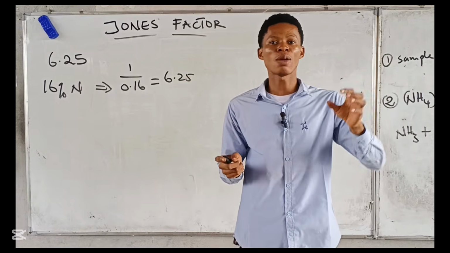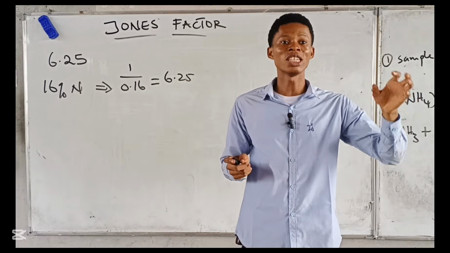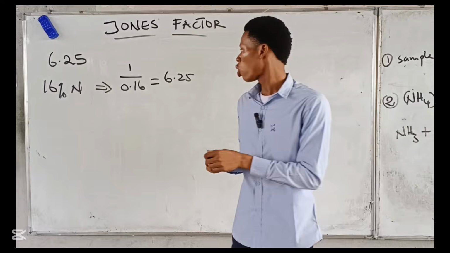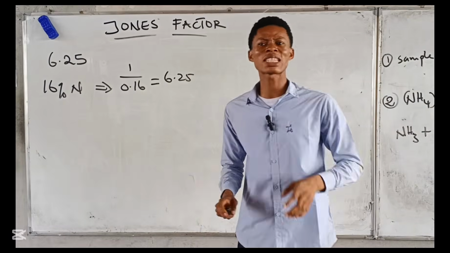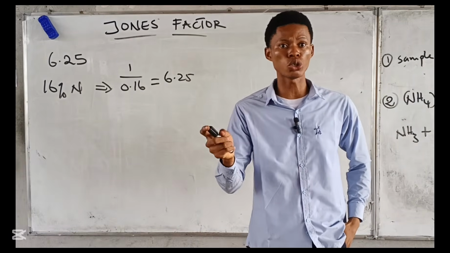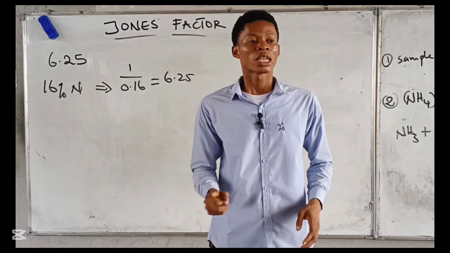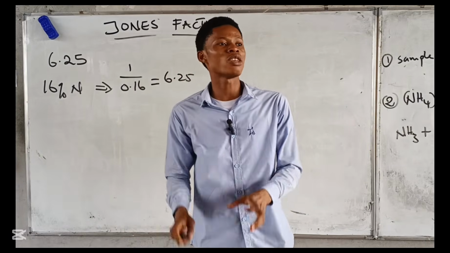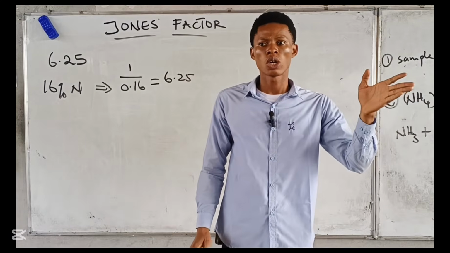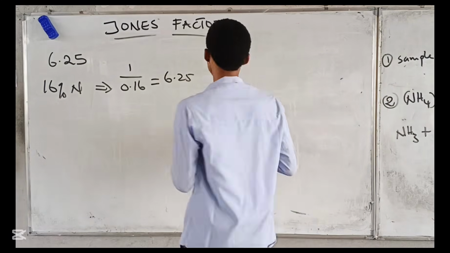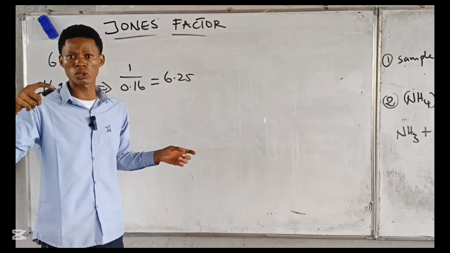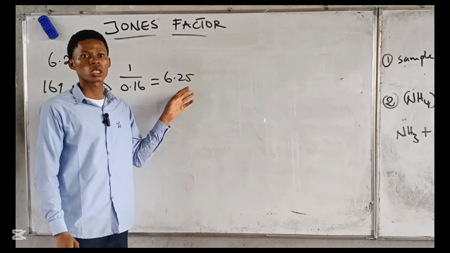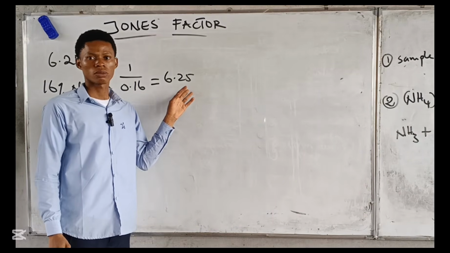Now, if you want to use Jones factor to estimate the concentration of protein in a particular food substance, all you have to do is, first, get the concentration of nitrogen. What method do you use? Kjeldahl method, right? Now, if you've gotten the nitrogen concentration using the Kjeldahl method, and you want to get the amount of protein, what do you do? You multiply that nitrogen concentration by what? 6.25.